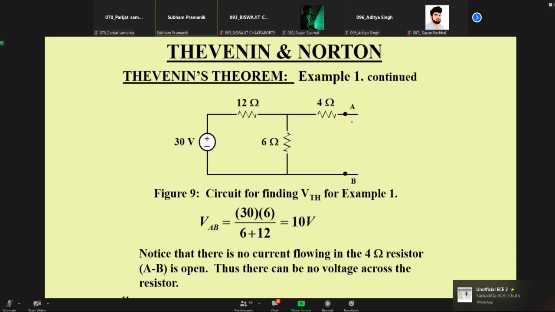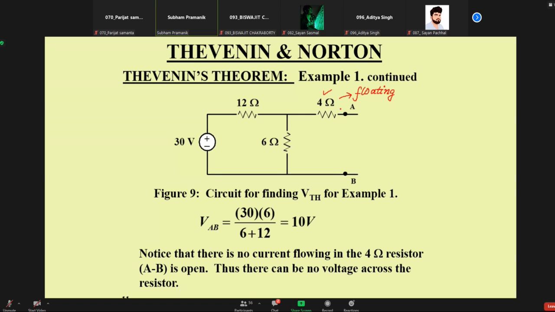Once it is disconnected, you can see this 4 ohm resistor becomes a floating resistor. That 4 ohm is no longer a part of any loop, any closed path. So there is no current through this 4 ohm, and obviously the voltage across this 4 ohm will be 0.